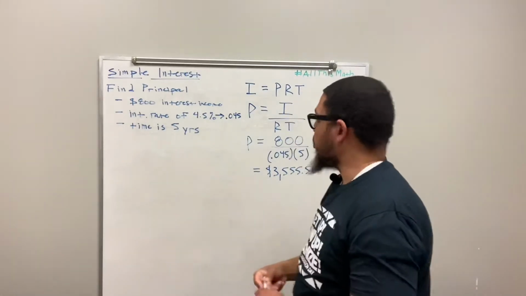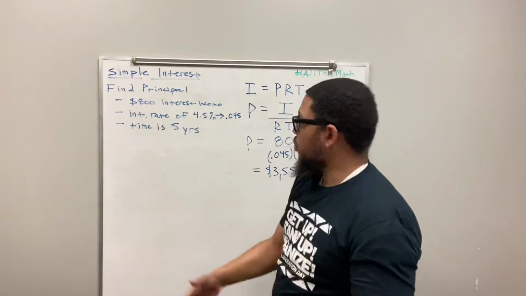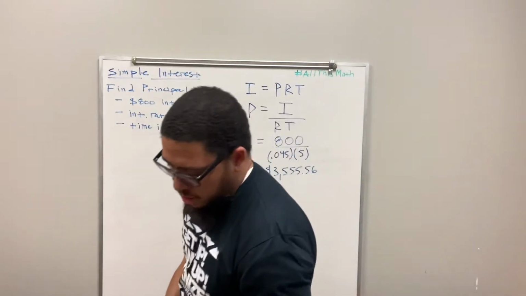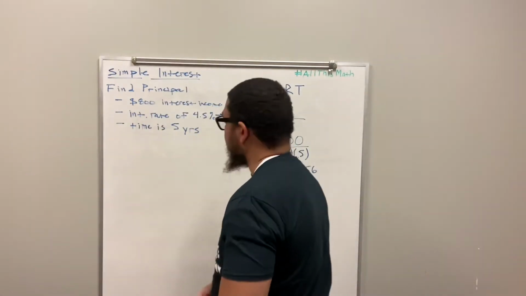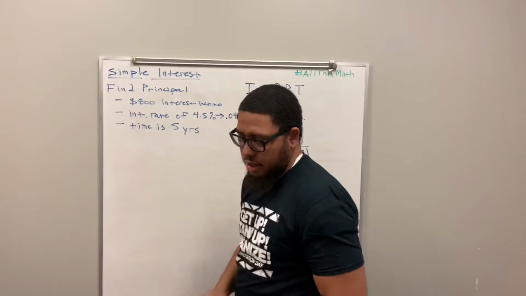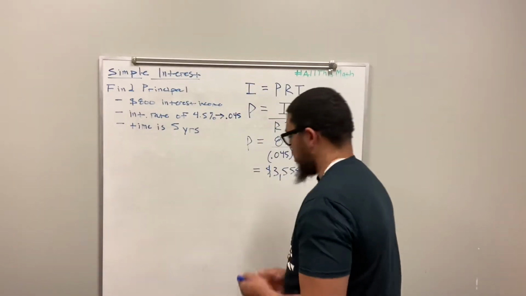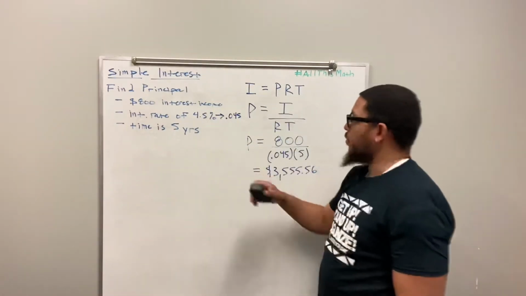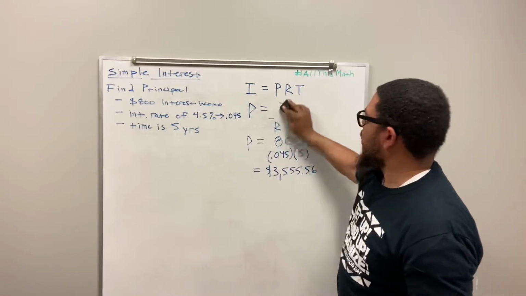All right. Now, let's do some more examples. I want to show you an example where you got to find the interest rate. And then I'm going to show you an example where you got to find the amount of time. So I'm going to erase this, make some space.